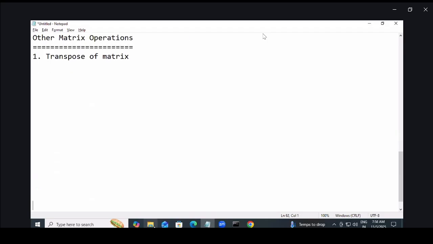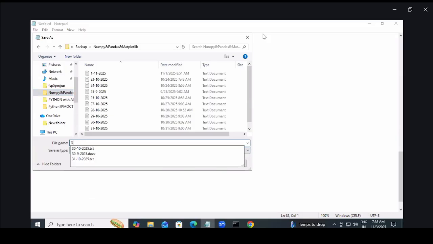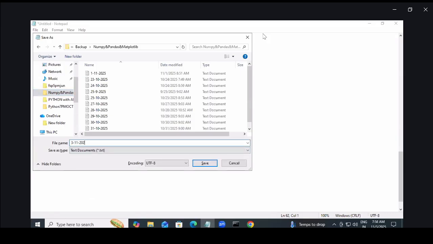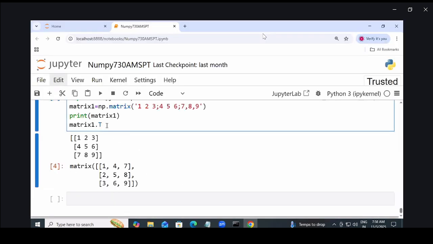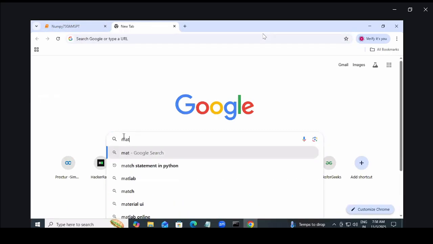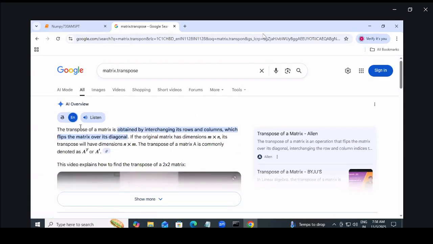You can find the transpose of a matrix by using one attribute, and the name of the attribute is T. Or you can also use the function called transpose. So this is the transpose function, and you can use it as matrix.transpose.